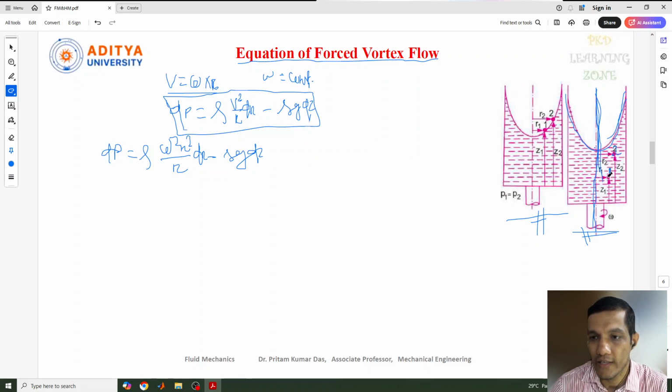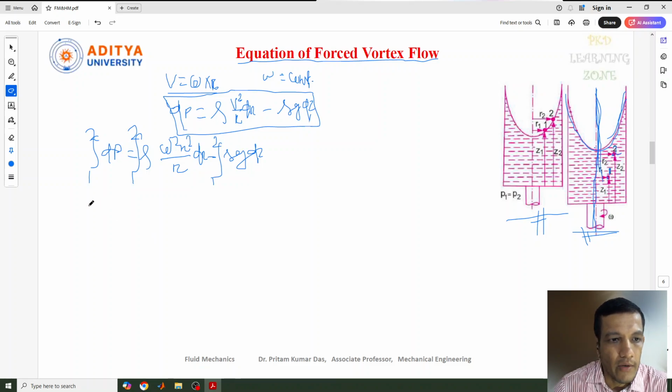Now let's integrate this equation between locations 1 and 2. So we integrate from 1 to 2 on each term.